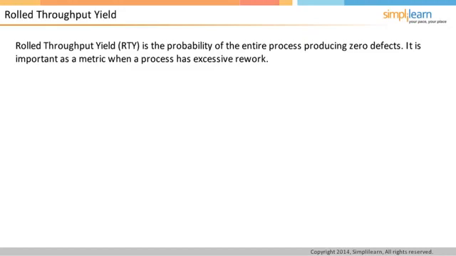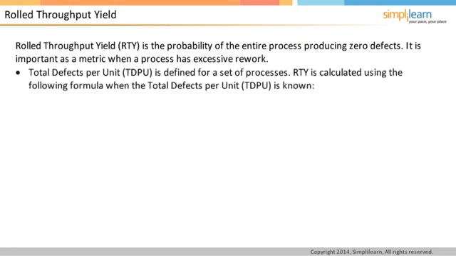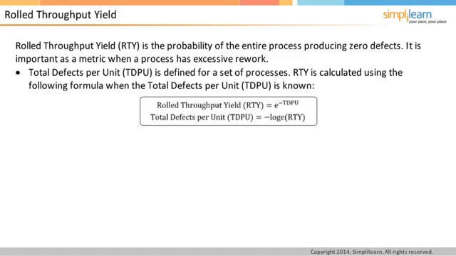TDPU is total defects per unit and is defined for a set of processes. When the total defects per unit is known, rolled throughput yield is calculated using the expression e to the power of negative of TDPU. The expression can also be written as TDPU is equal to negative of natural logarithm of RTY.